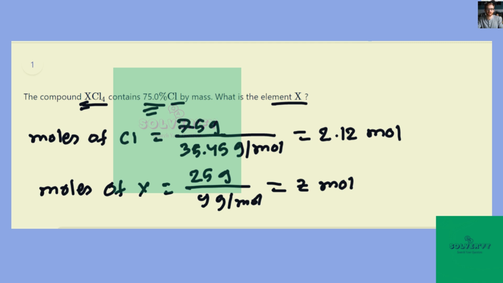Now, since the number of chlorine atoms in one molecule is 4, to find out the simplest ratio, what we do is we divide each number of moles by the smallest number of moles to get the simplest ratio.